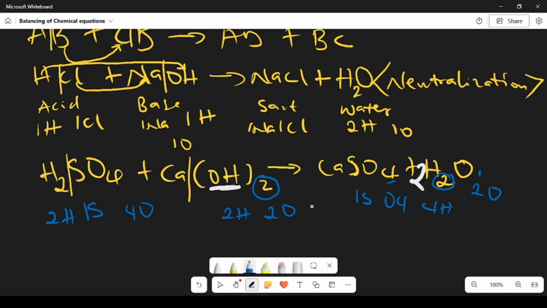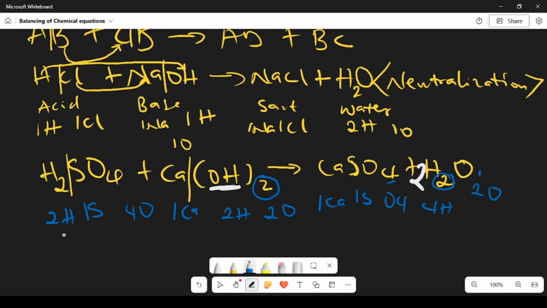Let's continue. The next element here is calcium. And on both sides, we have 1 calcium atom. It means everything is balanced. Is that okay?